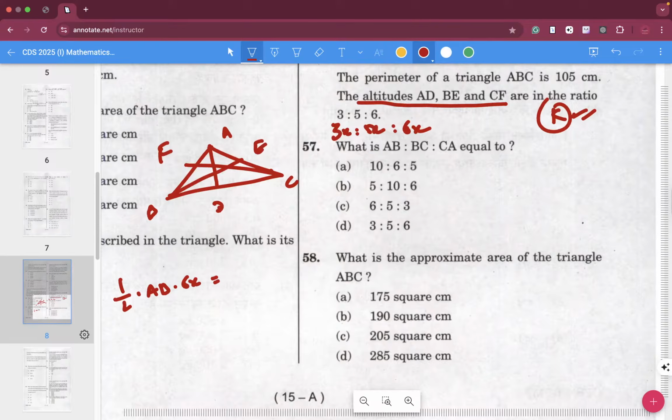This will be equal to half into base BC into AD, and the value of AD is 3x, which is equal to half into AC into BE, and BE is 5x, which is equal to k. If I assume all of these values as k, what is the value of AB?